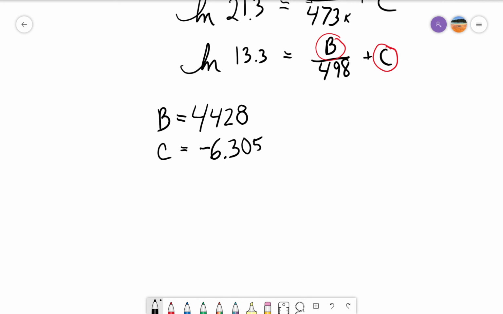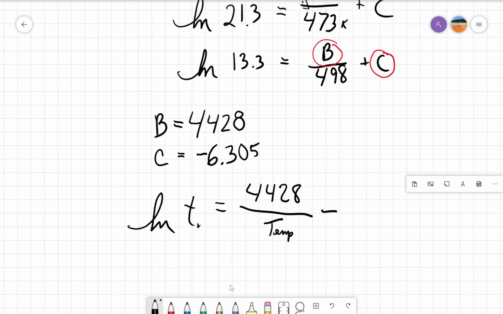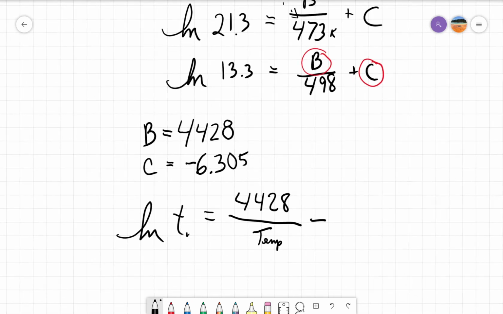From those two knowns, we have now got those two constants, and that means we can write this equation as ln of any retention time is 4428 over the temperature plus a negative 6.305.